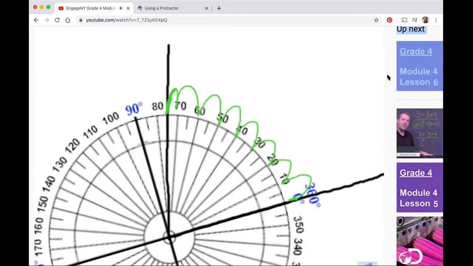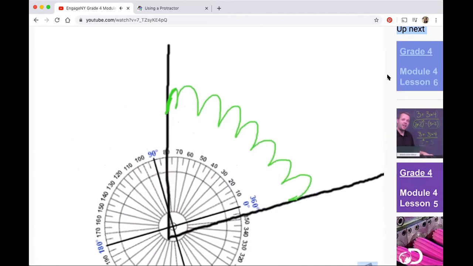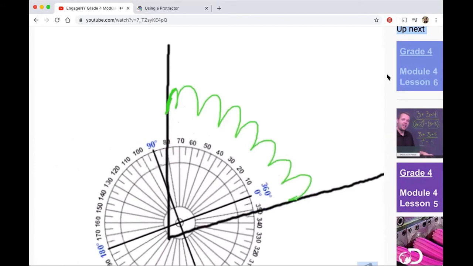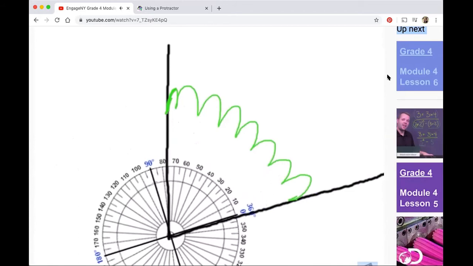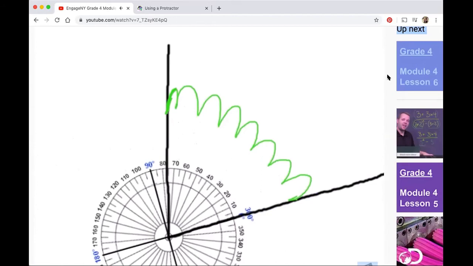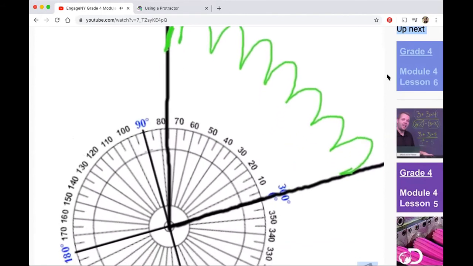Now the cool thing is, we now know that the answer is 75 degrees, but if I shrunk my protractor down and measure that right there, I'm going to have to zoom in, but even though I shrunk my protractor, I still get the exact same measurement of my angle reading.